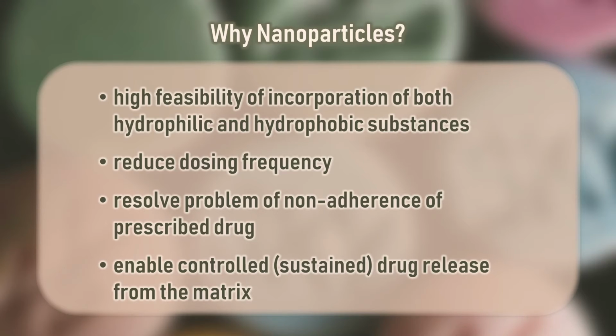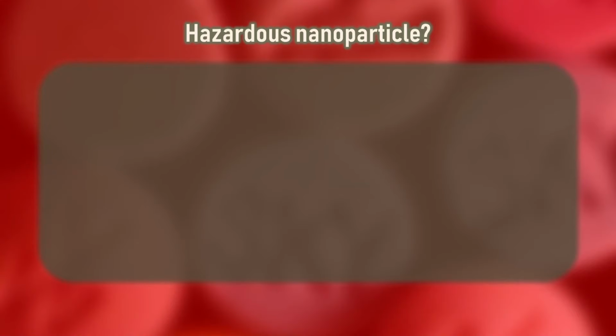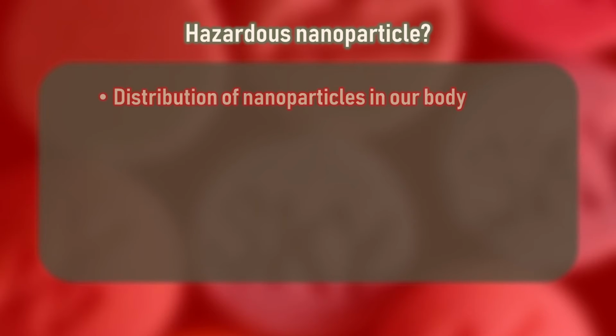the medicine field. Well, there are some hazards we still need to be concerned about. For instance, the distribution of nanoparticles in our body. If nanoparticles are used for long-term medication, like blood pressure medication, the nanoparticles might accumulate in some parts of our body, especially the liver and spleen.